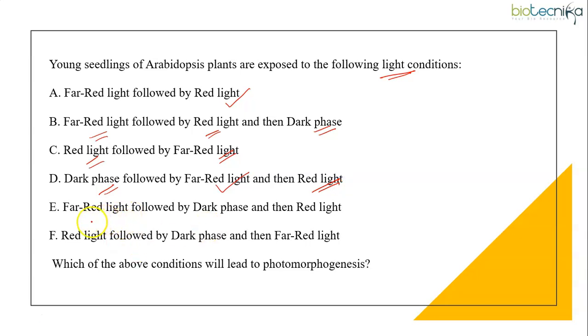Statement E is about far red light being followed by dark phase and again red light. And the last statement is red light followed by dark phase and then far red light. So you have to identify the conditions that lead to photomorphogenesis.